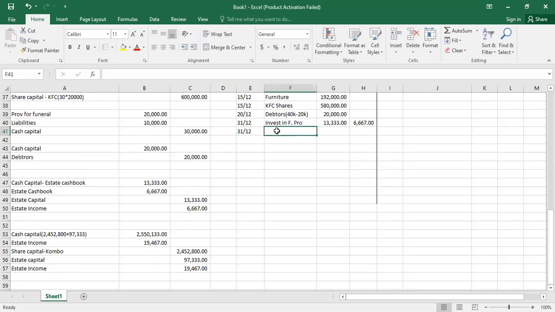Just say investment in Kombo company. What was the total investment? Because this is the interest that we are receiving.